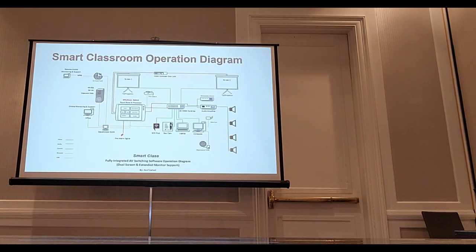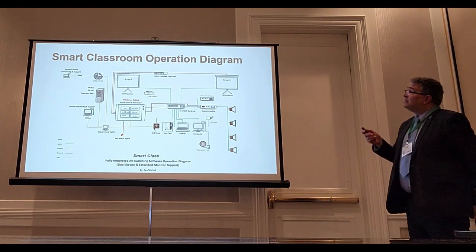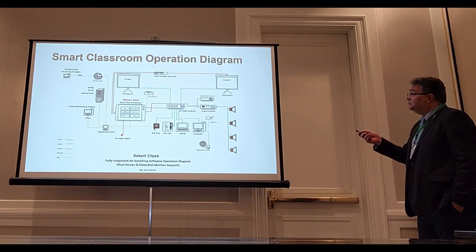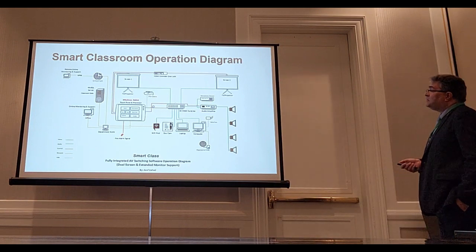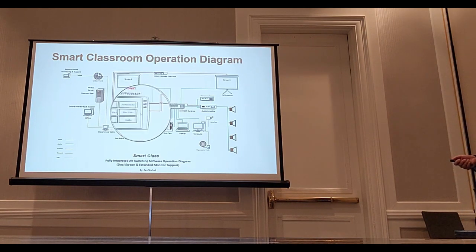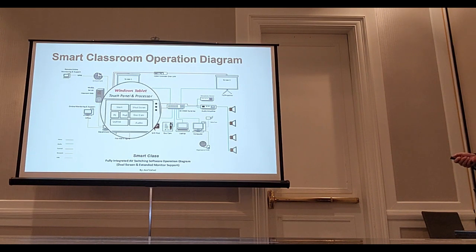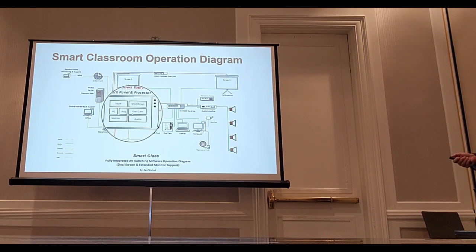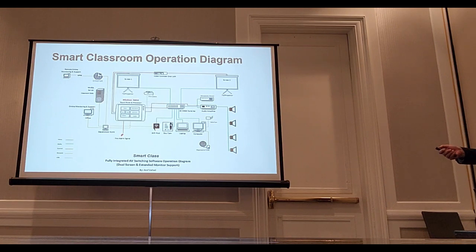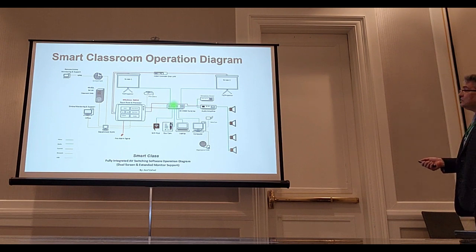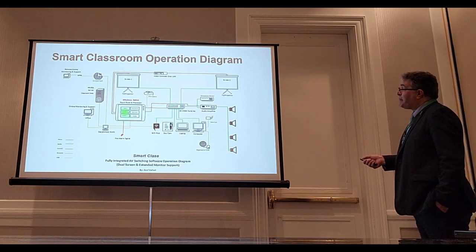So this is the diagram of the SmartClass operation. Here you will see the touch panel, or the software on the computer, Windows tablet, Linux tablet, or Raspberry Pi, or other devices. And this computer controls all the hardware connected to it.